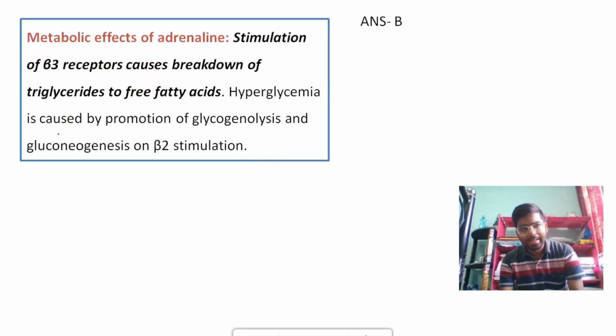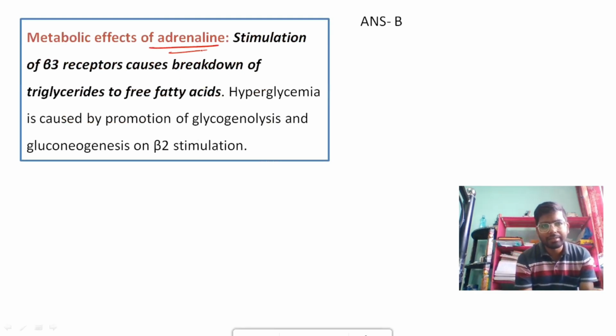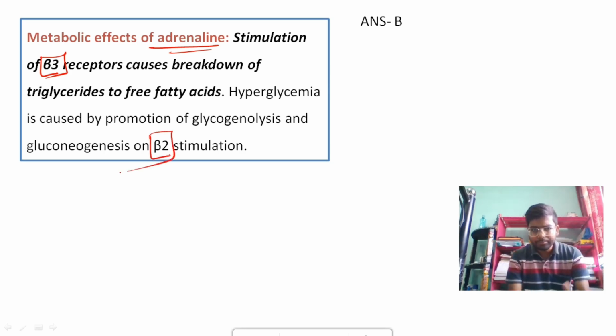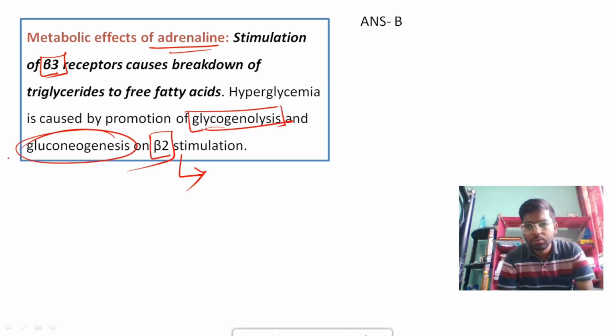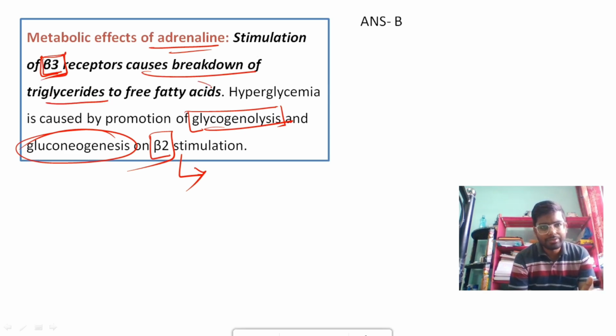See, the metabolic effect of adrenaline is based on stimulation of two receptors: beta 3 and beta 2. After stimulation of the beta 2 receptor, it can cause gluconeogenesis. Whereas after activation of the beta 3 receptor, it can cause breakdown of triglycerides to fatty acids.